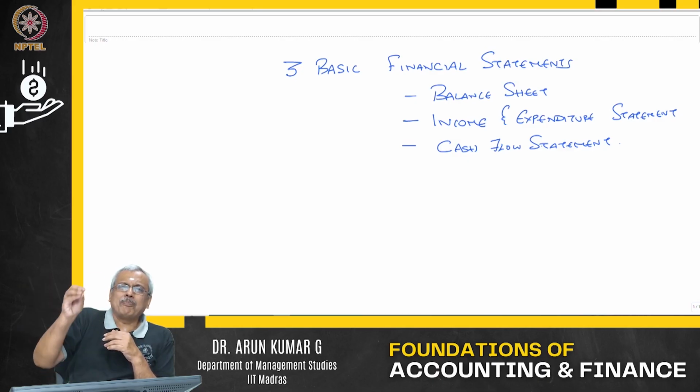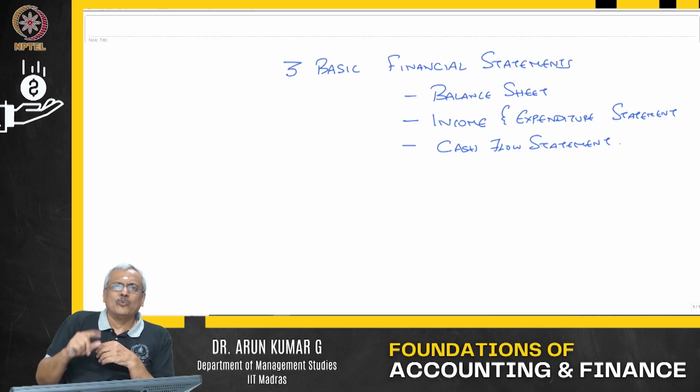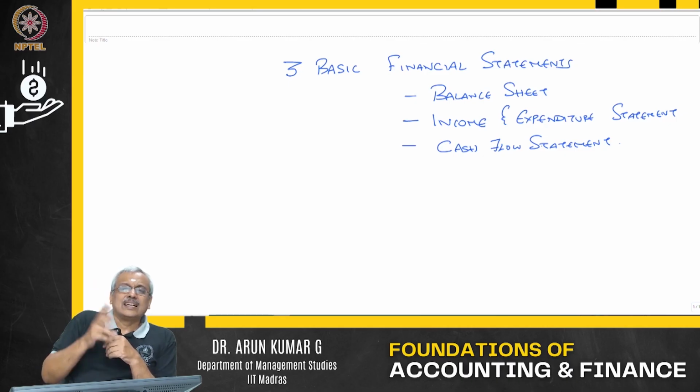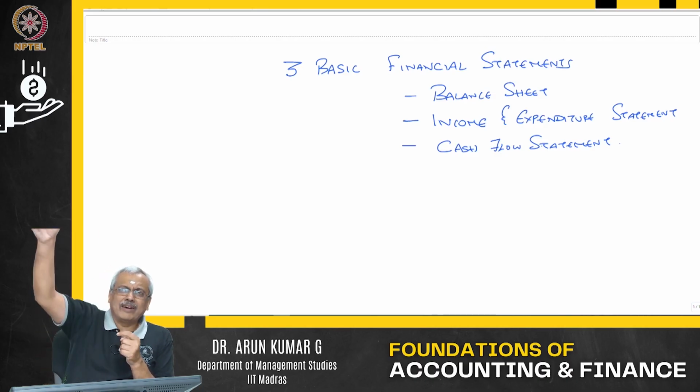Imagine you are a supplier of raw materials on credit to the company. You are interested in 2 things. One, will you get the money? Of course, yes. Number 2, when will you get the money? You might give a 30-day credit and he will pay after 1 year.